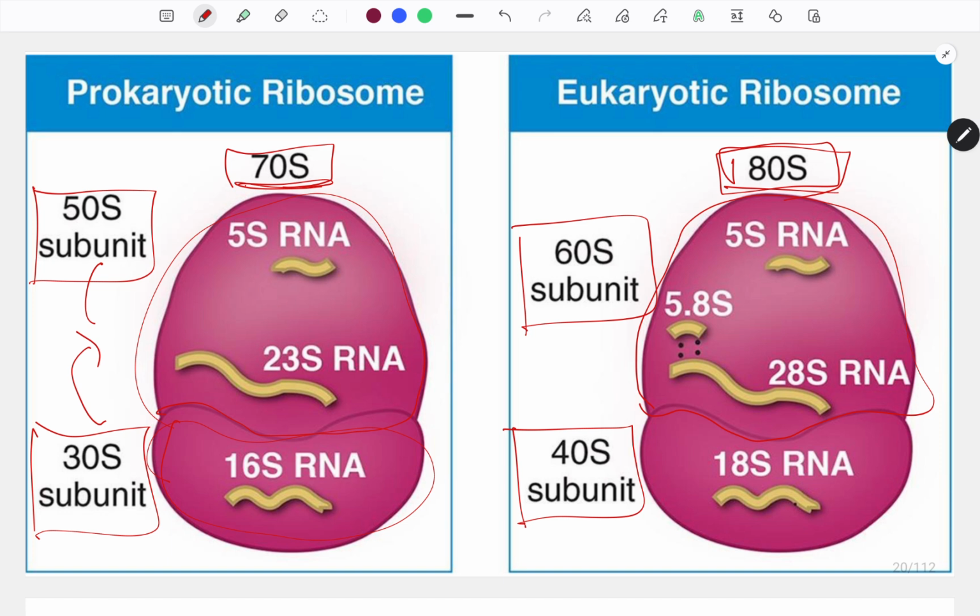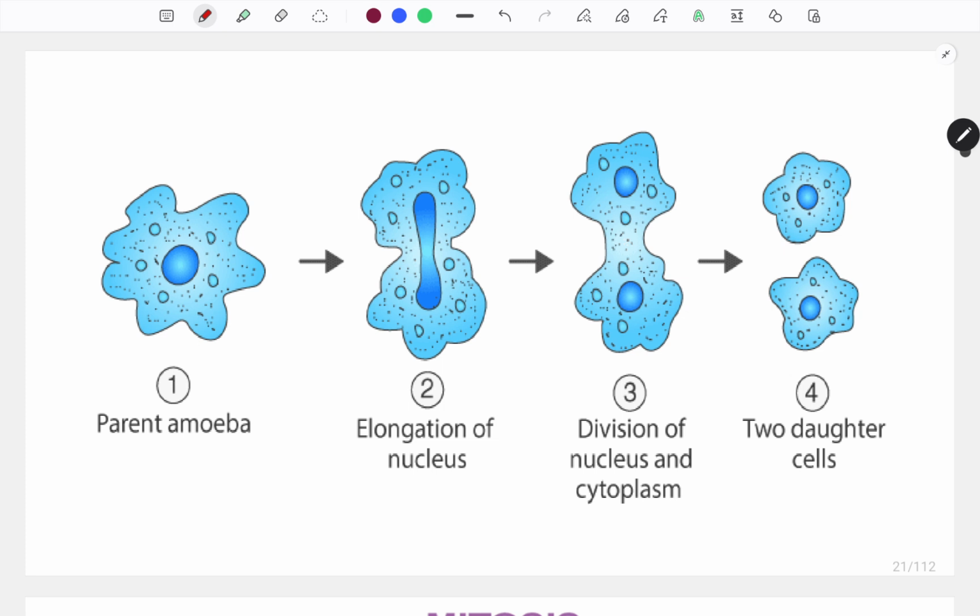In a eukaryotic cell, 80S ribosomes are present in the cytoplasm, but in mitochondria and chloroplasts, because these two organelles come from prokaryotic cells, we can observe 70S ribosomes. Otherwise, only in prokaryotic cells can we observe 70S ribosomes.